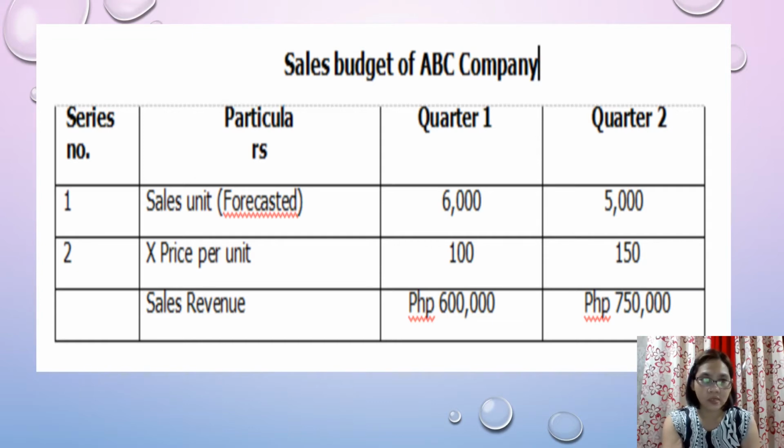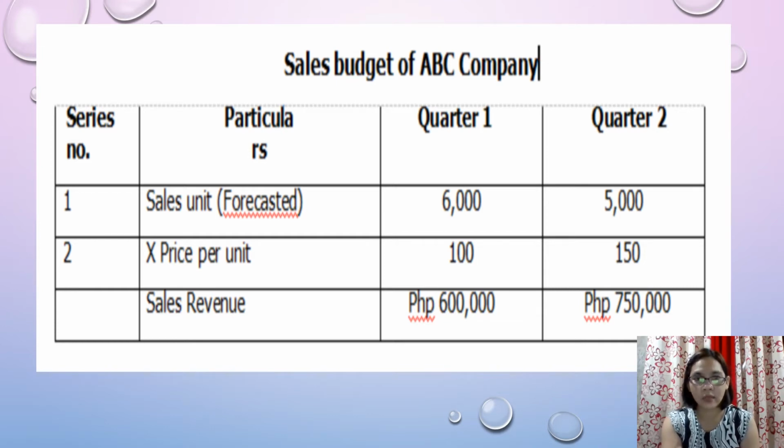Under particulars: sales units forecasted, times price per unit, and then the sales revenue. For quarter 1, the sales units forecasted is 6,000, and the price per unit is 100.